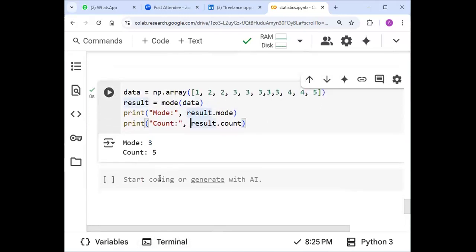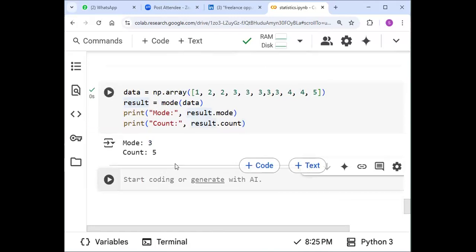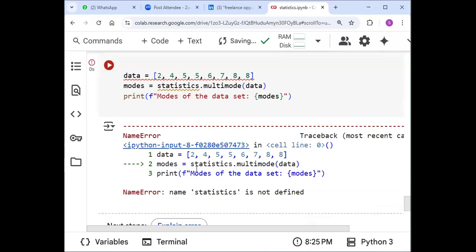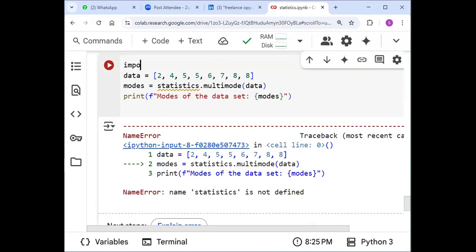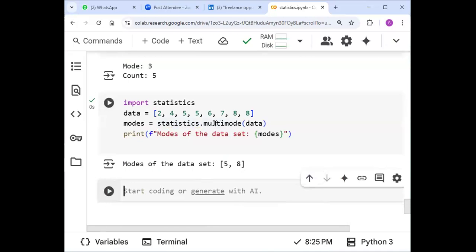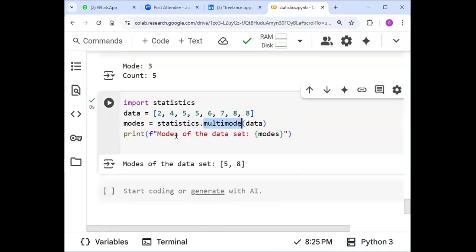But sometimes your data might consist of 2 or more values with a similar frequency. If you want to get multimodal data, we can use the statistics package, because multimode is a built-in function that comes from the statistics library. If 2 or more categories occur with the same frequency, it is called multimodal.